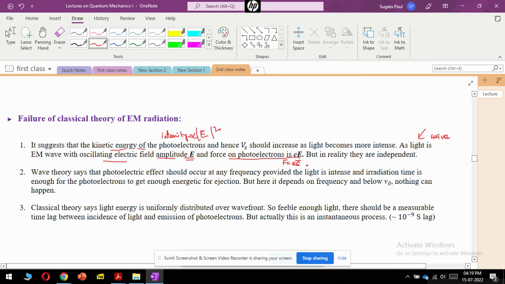So when the amplitude of the electric field increases, the intensity of the light will increase, and the energy that photoelectrons absorb from the incident light will also increase. So the classical or wave theory of light, if it is true, suggests that the kinetic energy of the emitted photoelectrons should depend on the intensity of incident radiation. Because here light is treated as a wave.